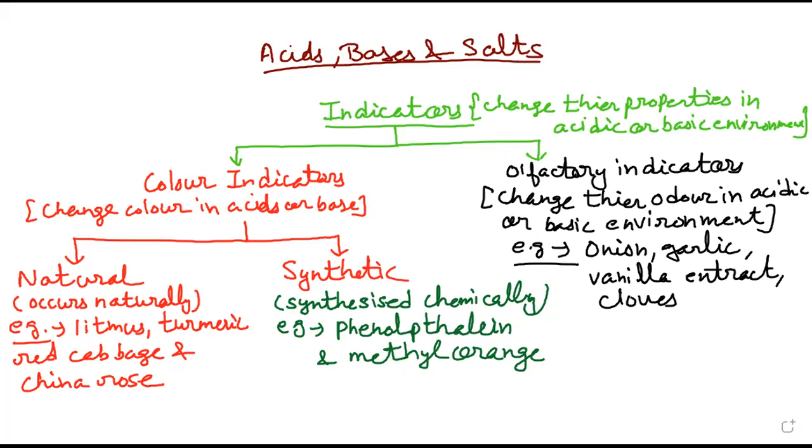Now, next we are going to discuss all these indicators one by one. The first is the litmus paper. As we all know, litmus is one of the earliest known indicators, a natural dye. It is obtained from lichens.